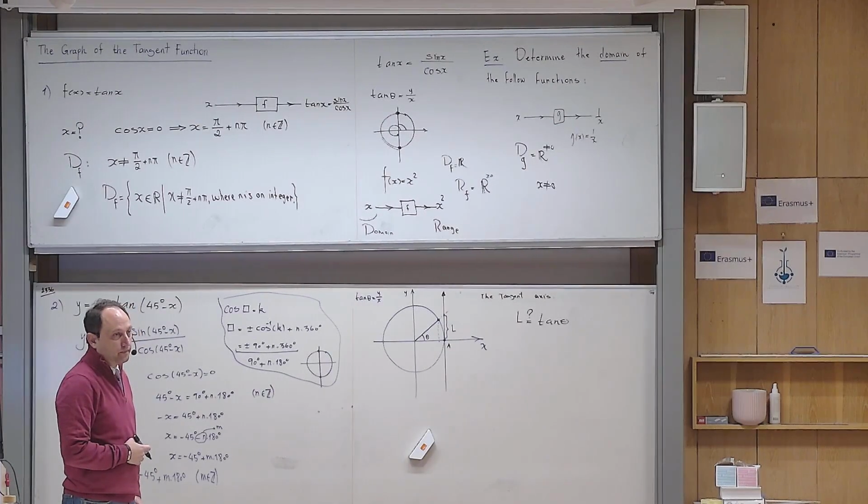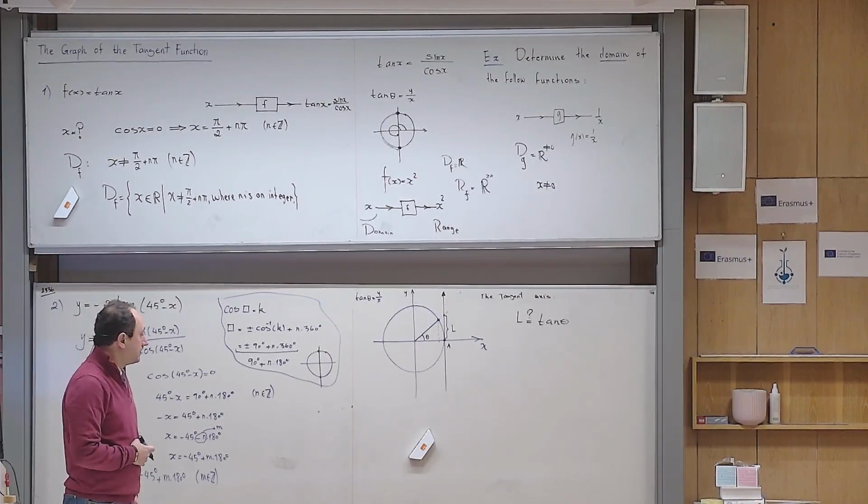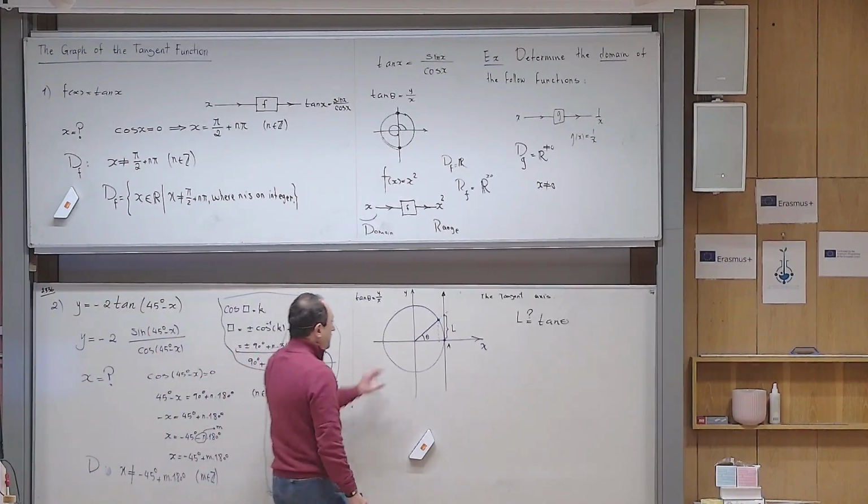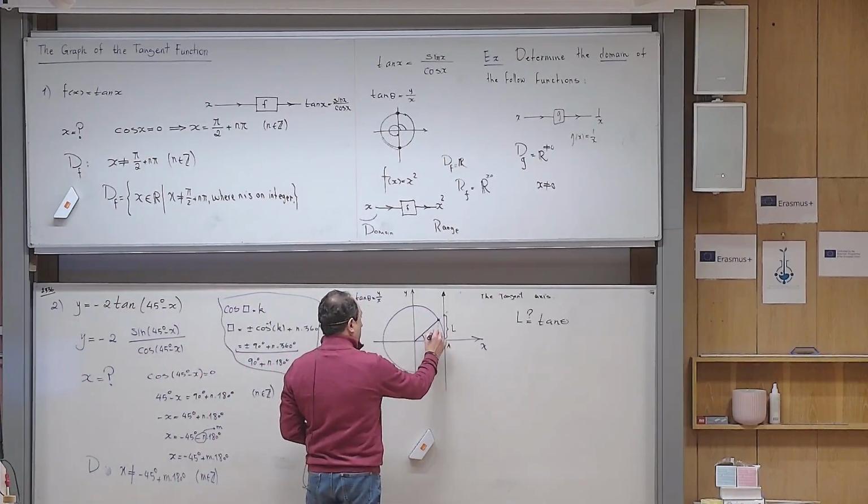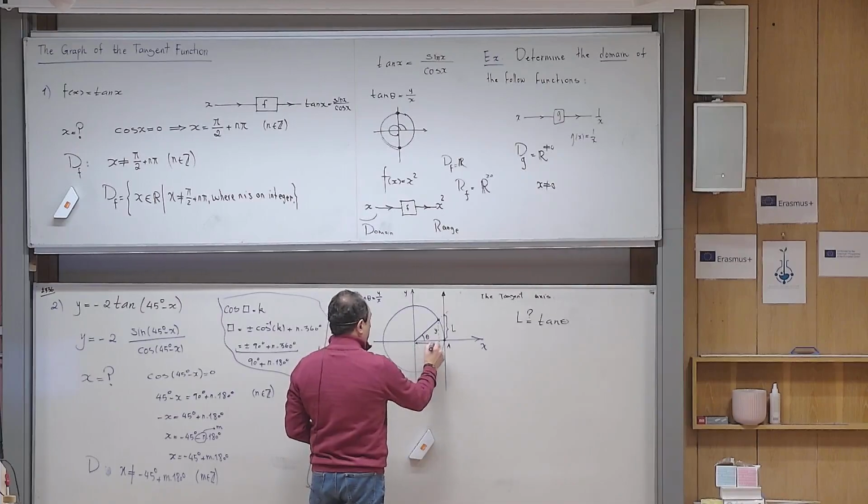Yes? I think if you divide the opposite by the adjacent, then the opposite is y, and the adjacent is x. So y is this length, and x is this length.